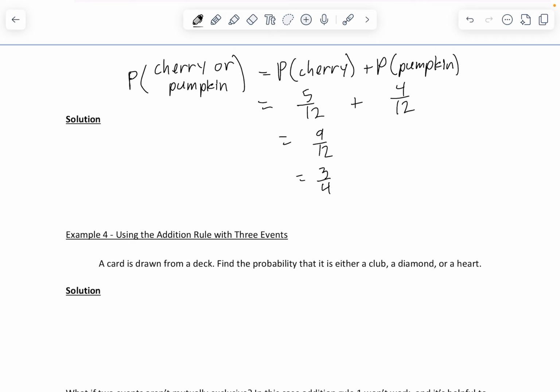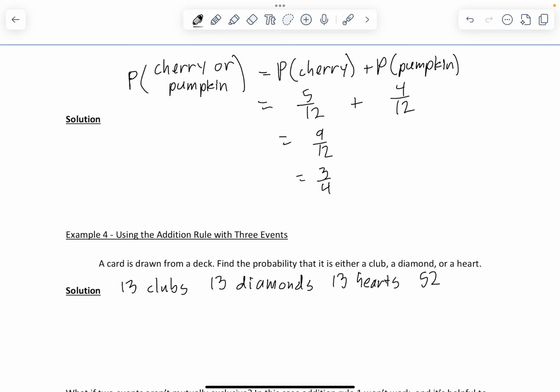In the deck of 52 cards, there are 13 clubs, 13 diamonds, and 13 hearts. And there are 52 total cards in the deck. These are mutually exclusive events because if you pick one card, there's no way it could be both a club and a diamond and a heart. It can be only one of those.